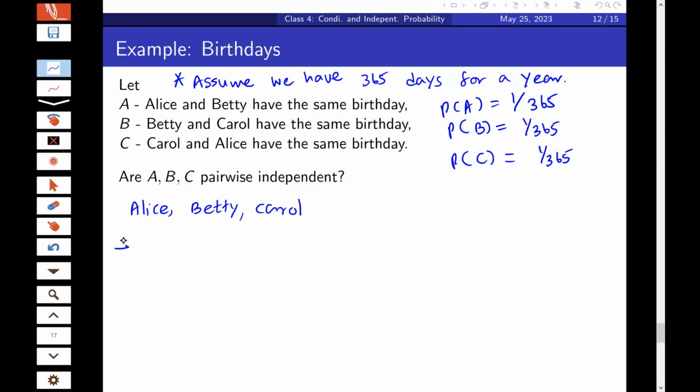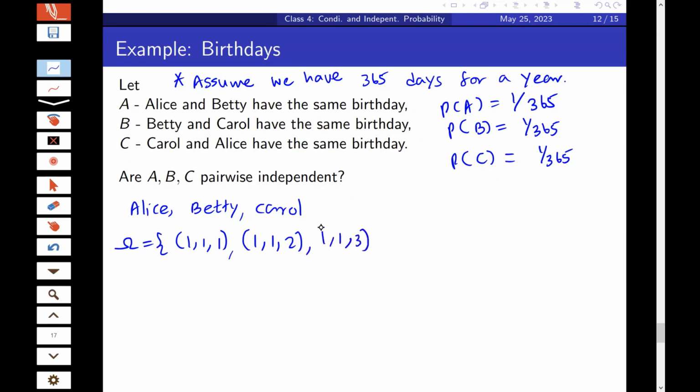If you want to write down the sample space, it will be something like this. This is January 1st as Alice's birthday, Betty has January 1st, Carol has her birthday on January 1st, and then 1, 1, 2. That means Alice and Betty have their birthday on January 1st, and Carol has her birthday on the 2nd. Then 1, 1, 3.